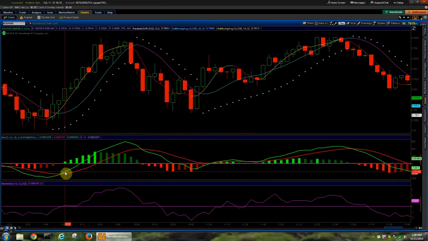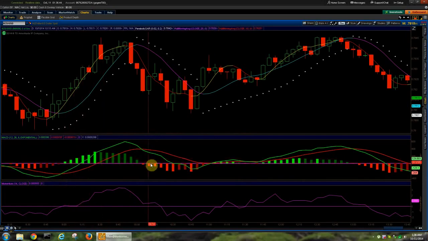You notice that there's lighter green and darker green. When it's lighter green, it means that the volume is increasing, and same thing with the lighter red and the darker red. Anytime the volume is increasing, these lighter colors like lighter red or lighter green, that's good because it means that the trend is strengthening.